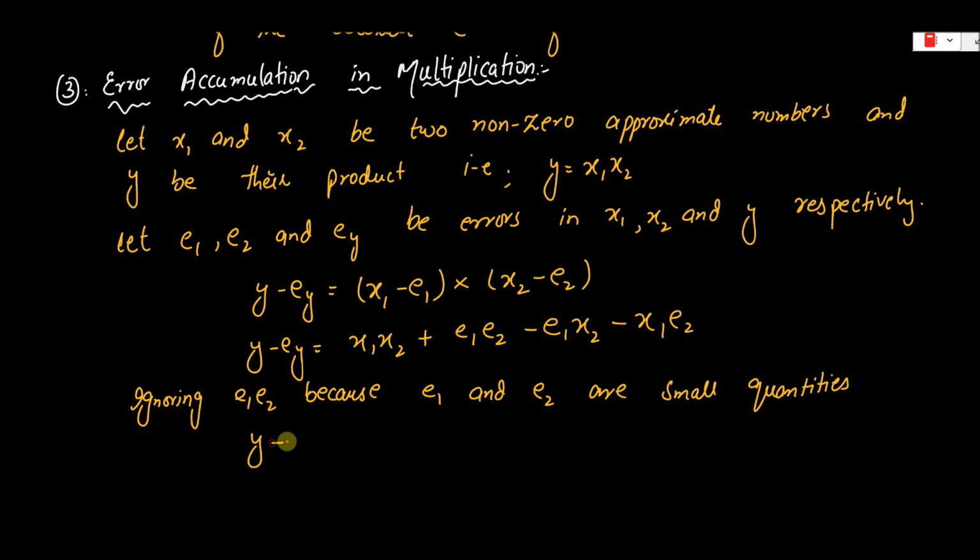So y minus ey equals x1 x2. This goes to 0, or we just ignore it. So we simply write e1 x2 minus x1 e2.